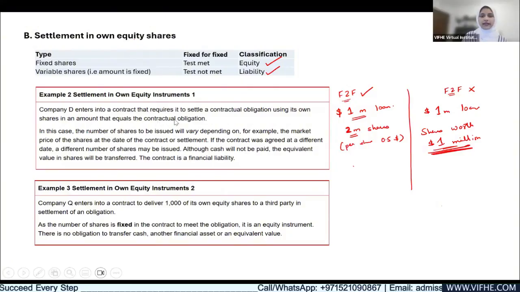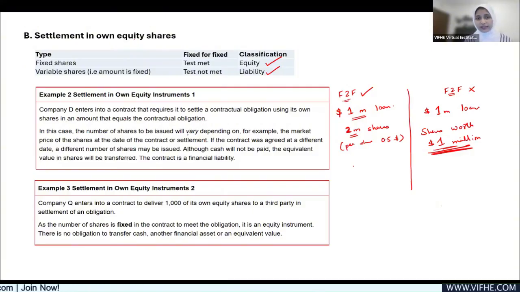So now I'm going to get into the examples of how we would identify these. Here it's written that company D enters into a contract that requires it to settle a contractual obligation using its own shares in an amount that equals the contractual obligation.